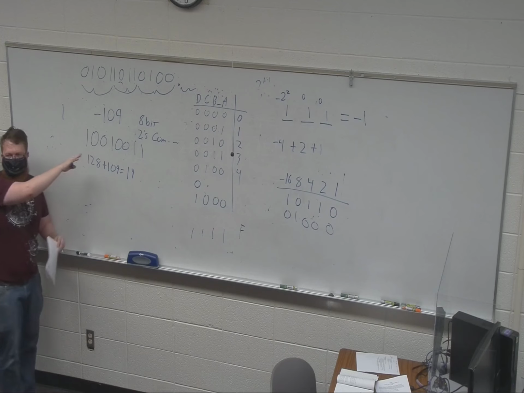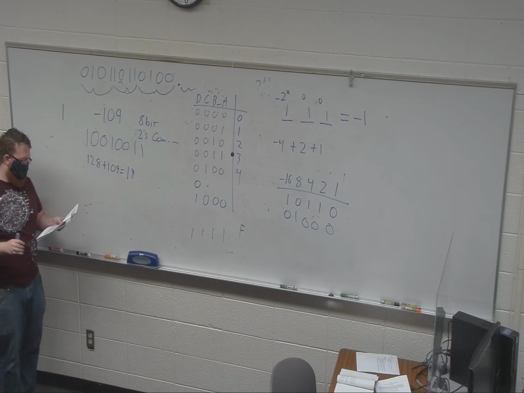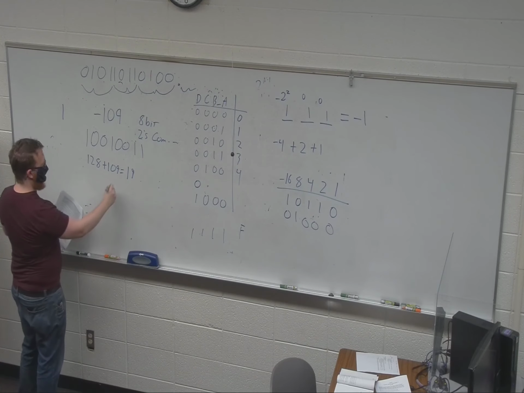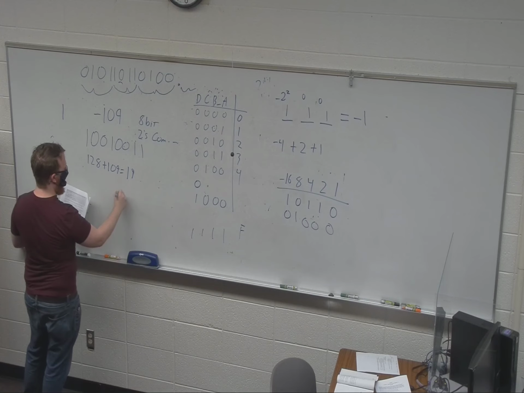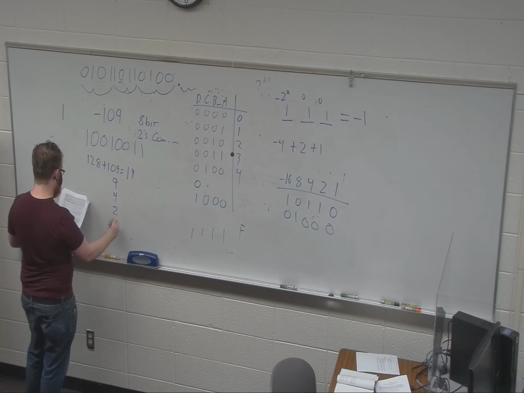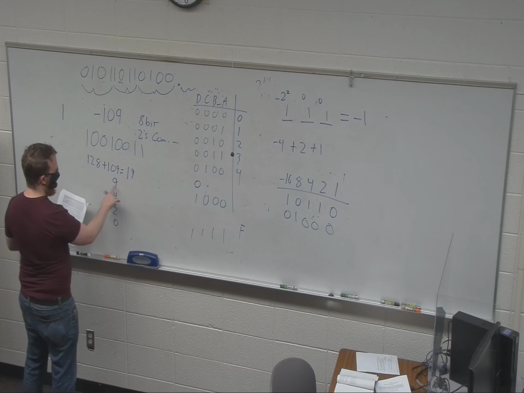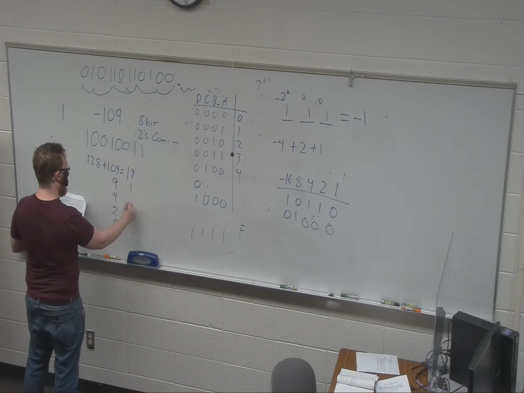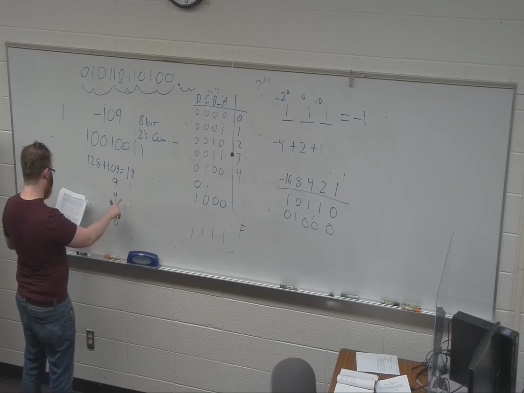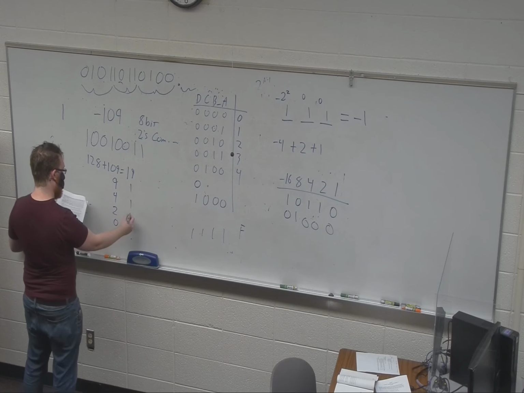And then you can go through that division process, which is going to end up being, by 2, 9, 4, 2, 0. And we have remainders at each stage, 19 in there.